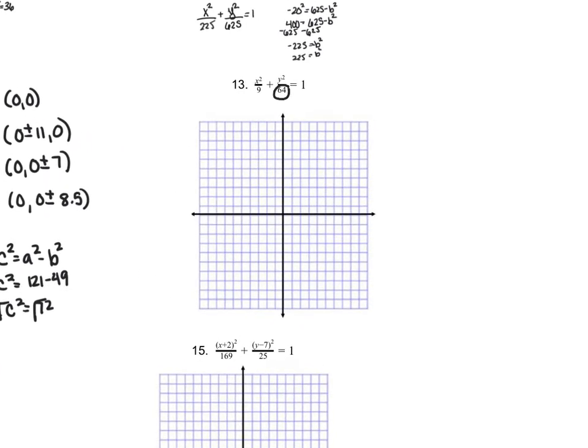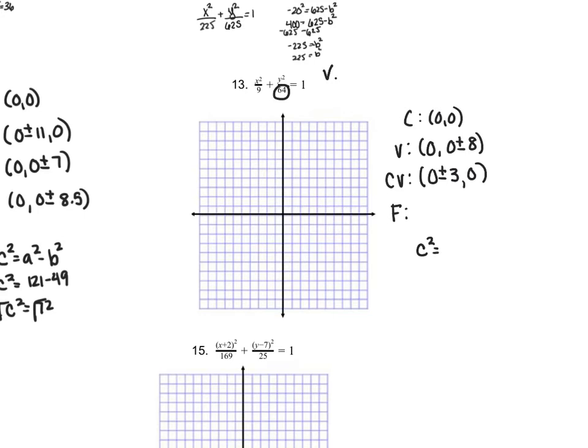Alright, so this time my a is here. This is going to be my vertical. So my center is 0, 0. My vertices are h comma k plus or minus a. My co-vertices are h plus or minus b comma k. And my foci, let's go ahead and find that c.